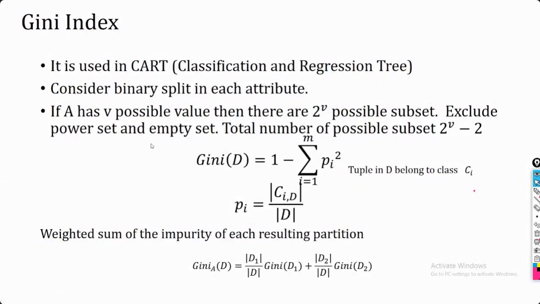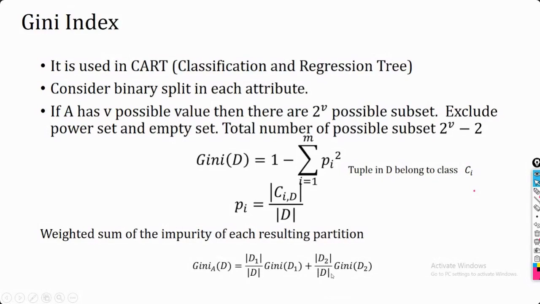Okay. Now how to calculate this Gini index? In order to calculate the Gini index, we use this formula. Here pi represents your probability. Based upon that, first we will calculate the Gini of your D, and we do that for your division 1 also and division 2 also, and this is the total number of instances.